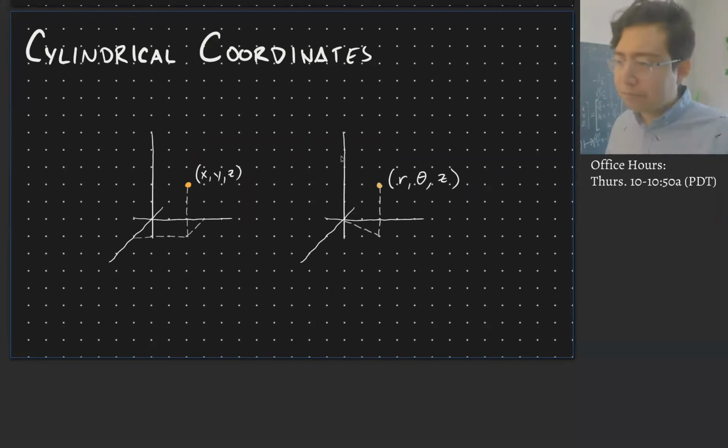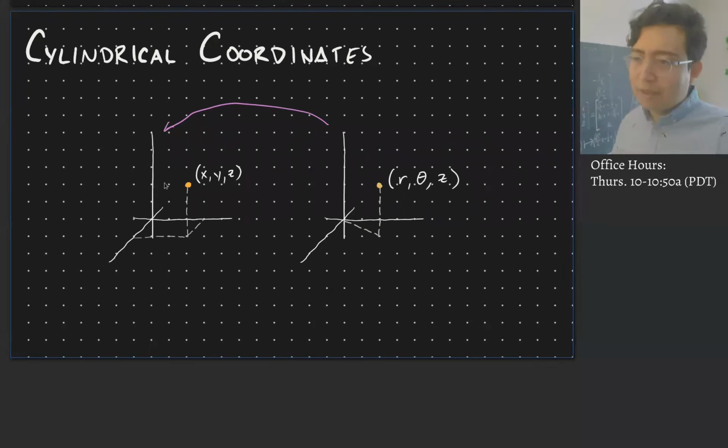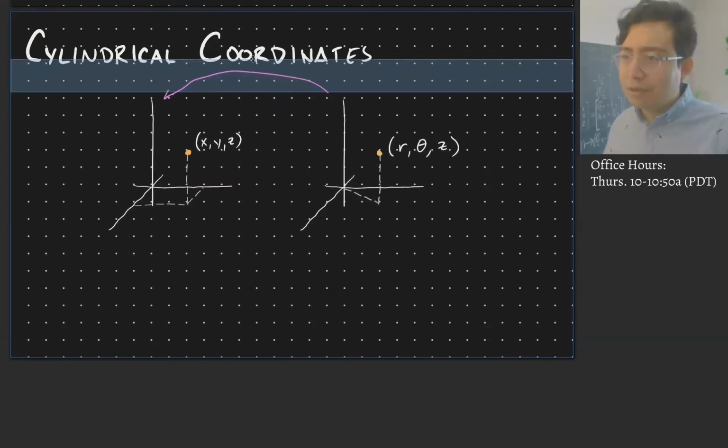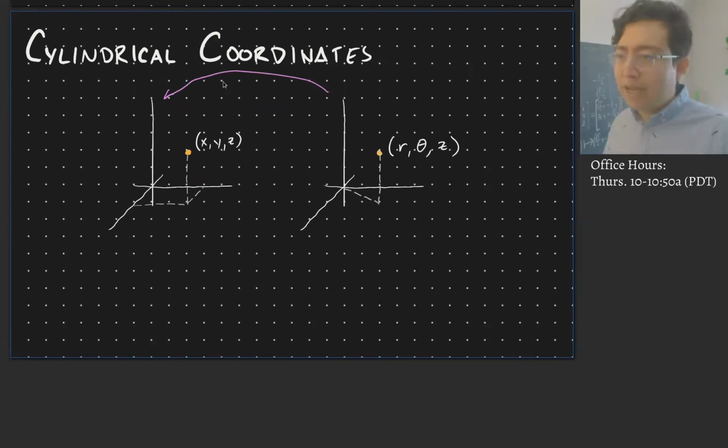So here, if we're going from cylindrical to Cartesian, then we have basically the same thing as we had before: x equals r cosine of theta, y equals r sine of theta, and then z doesn't change.